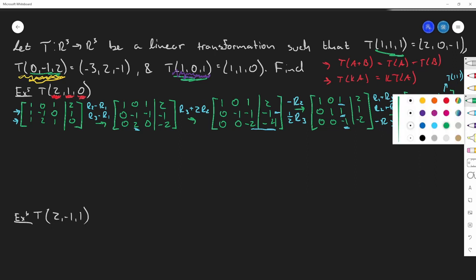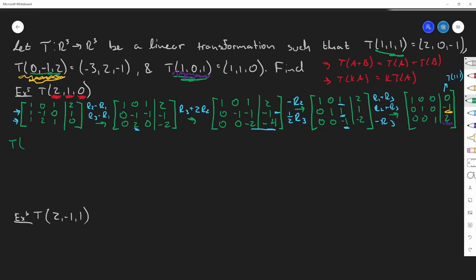These are our k values. Now we have to multiply those by the function. So T of 210 is going to equal 0 negative T of 0 -1 2 plus 2 times T of 101.